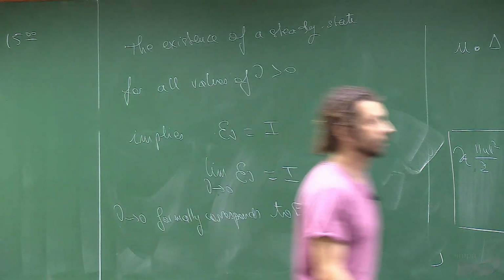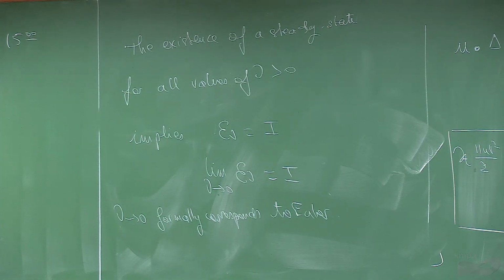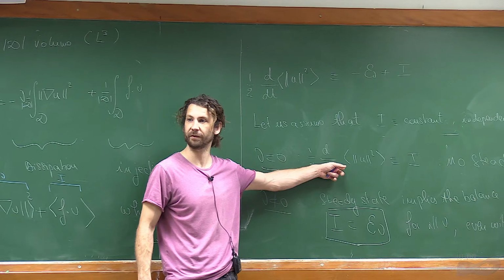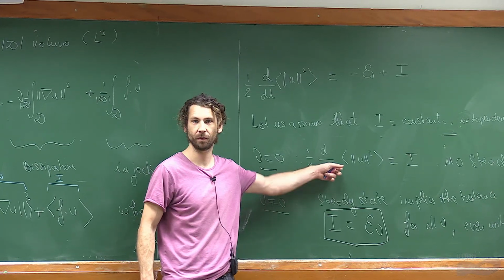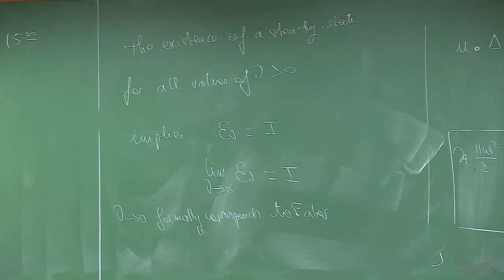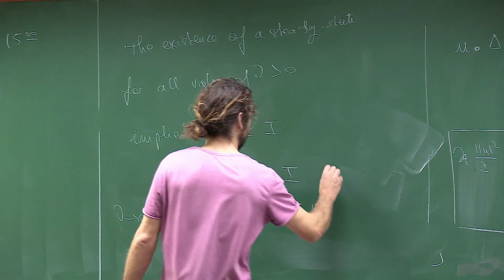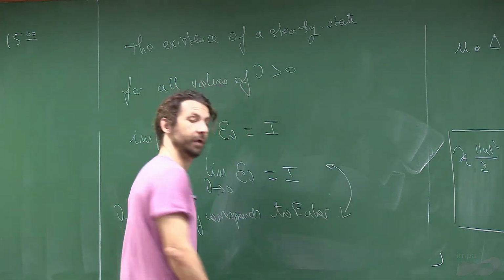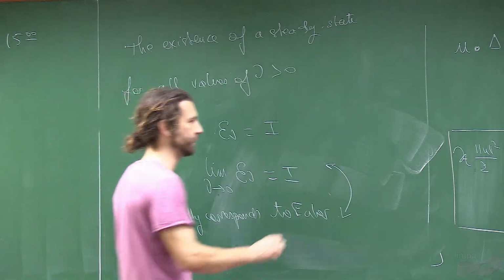And for Euler, physically reasonable solutions do not produce steady state. So we have a paradox, or rather basically a phenomenon which is appearing. This paradox is called in the jargon the dissipation anomaly.